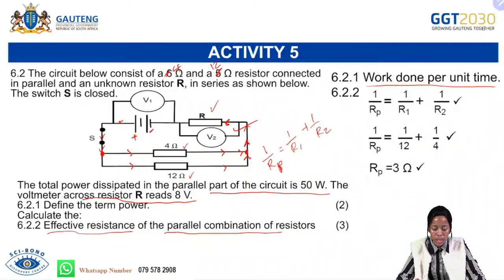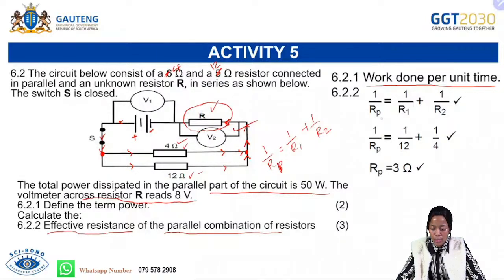Then when it gets to this one, because the current is not split anywhere after it has left the 4 ohm and the 12 ohm, it means resistor R is connected in what? Is connected in series. So where is our focus when we calculate? Our focus will be on the 4 ohm as well as on the 12 ohm.